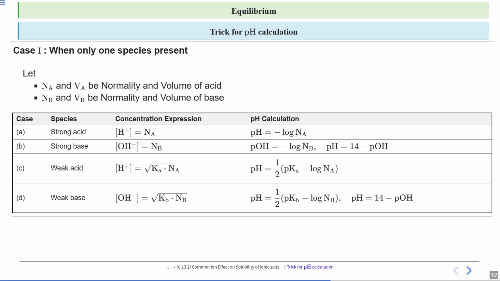So 1 by 2 is multiplied here. So this is the basic rule for using the log, right? Moving on to the weak base, similarly we can write it as pH is equals to pKb minus log Nb. So it's simple.